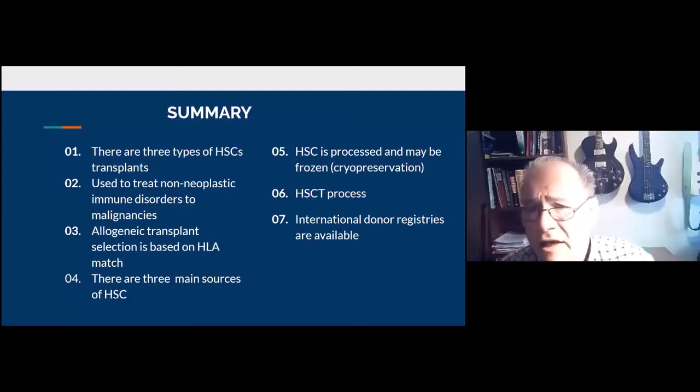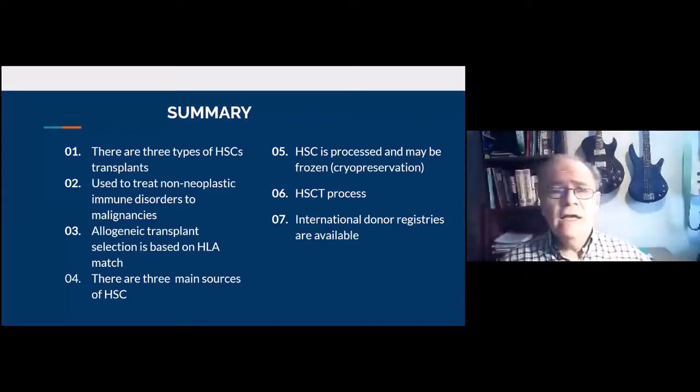And finally, the international donor registries available to identify potential unrelated donors.